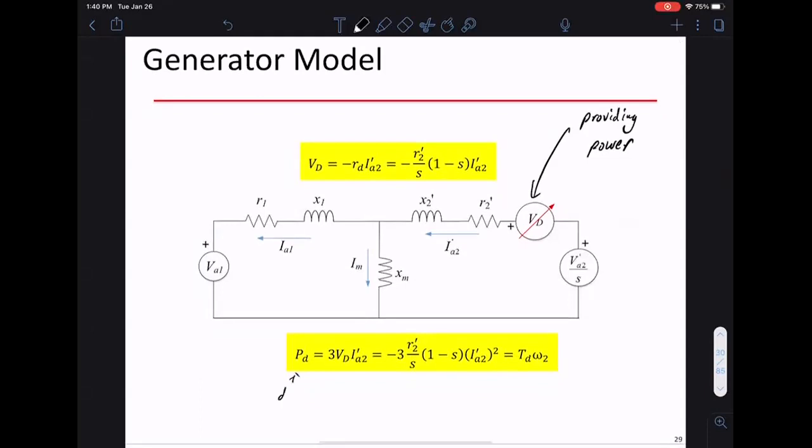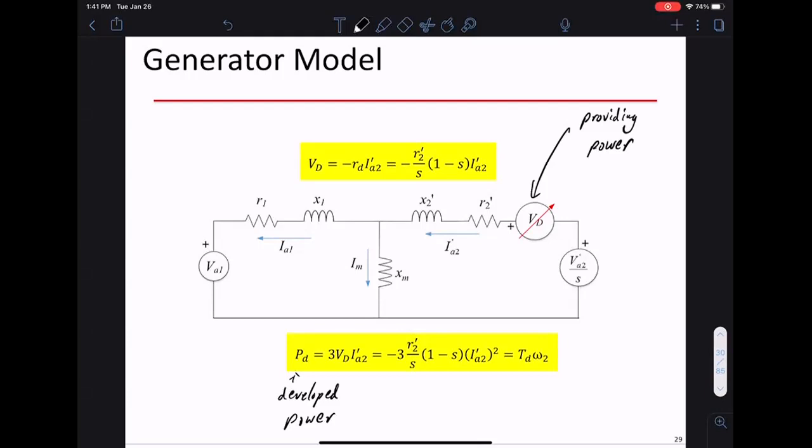So this is the developed power. It's the power that my rotating blade, after conversion in the gearbox and so on, creates as electrical power here.